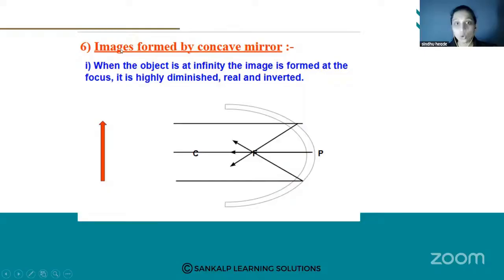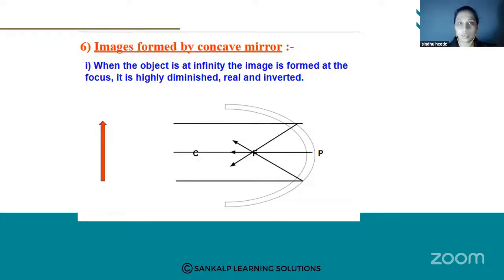Now we will discuss how the image is formed when the object is placed at different places. When the object is placed at different places, how is the image formed in concave mirrors?